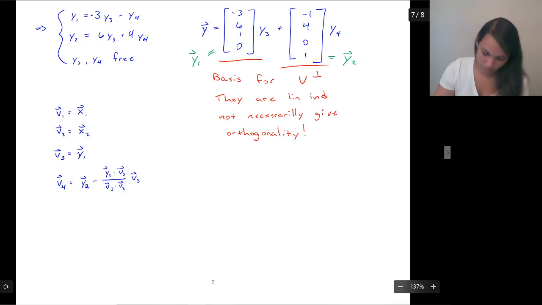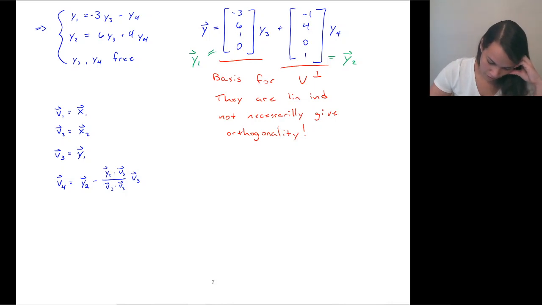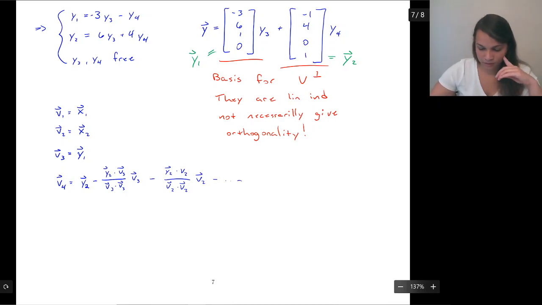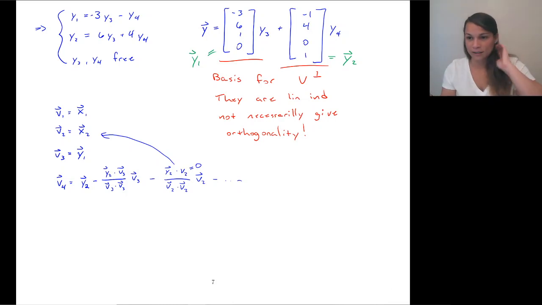v3. You're like, oh, but Gram-Schmidt, shouldn't you be doing all of them? Like y2 dot v2 over v2 dot v2, v2, and then the other one? Well, that means I would be doing y2 dot x2, which means it would be 0. Because remember, I already said y2 is constructed to be orthogonal to x1, x2.